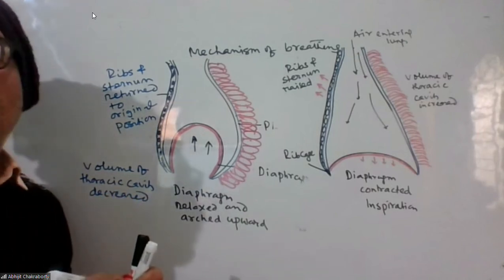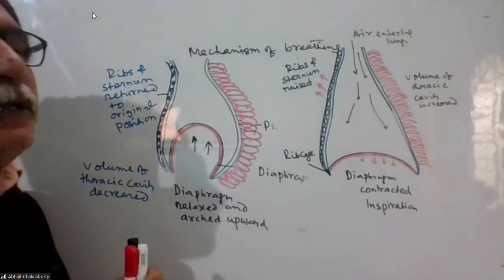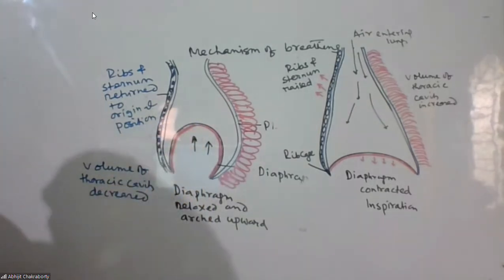As soon as volume of thoracic cavity decreases, pulmonary pressure increases and it is more than the atmospheric pressure, so that air moves outside.